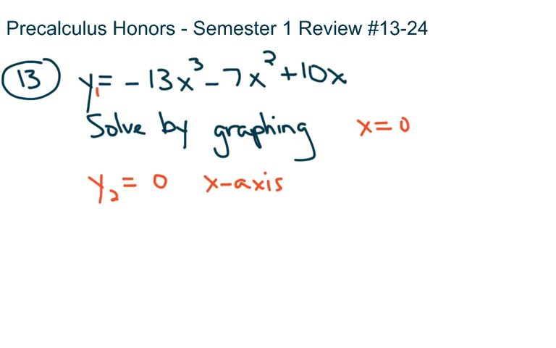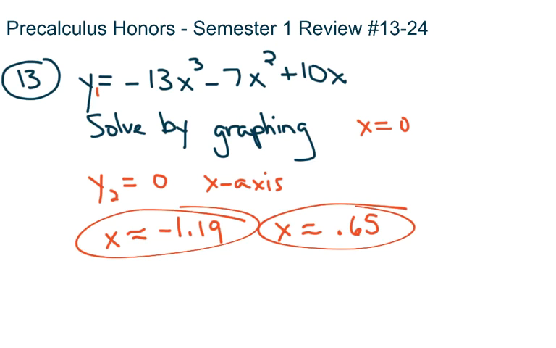All you have to do is get the cursor close to the point of intersection you want to find. So you should find the other two solutions, not a y, are approximately negative 1.19 and approximately 0.65. And it should have also hit at 0.